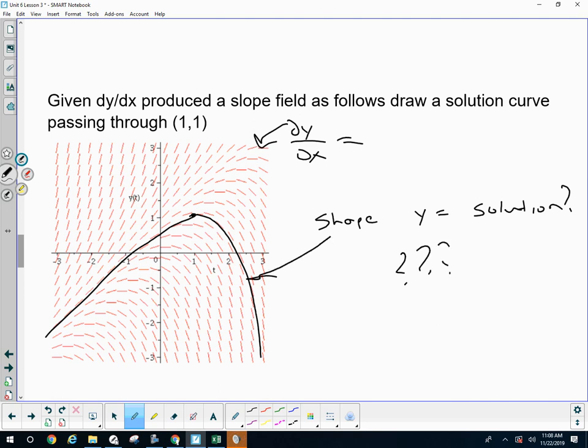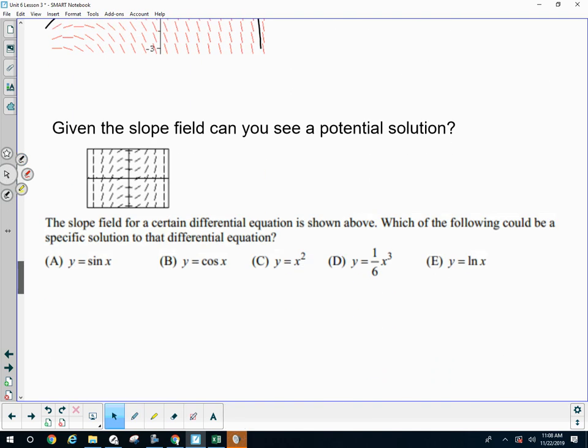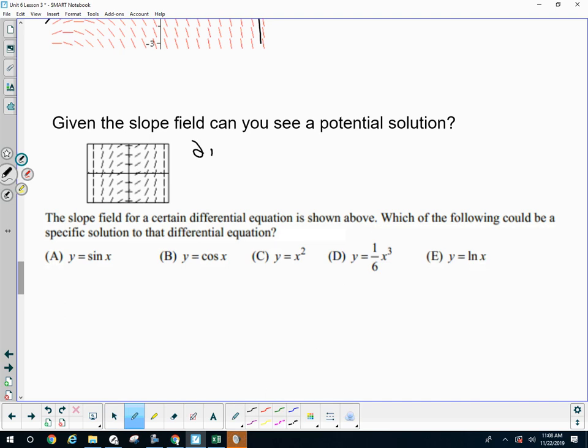Now there are times where not only can you see the shape, but you're pretty certain you'll know what the solution is going to be. So here's an example of how you're going to be assessed on understanding the slope field. Some dy dx creates this slope field. You are asked, what is a potential y equals solution? Is it sine x, cos x, x squared, 1/6 x cubed, or log x?